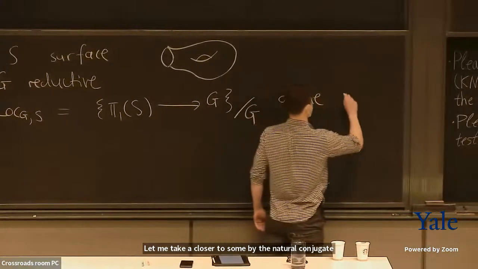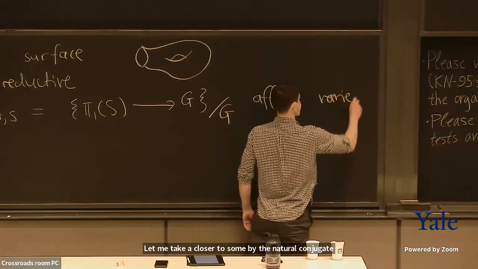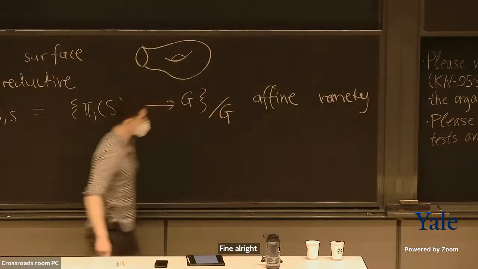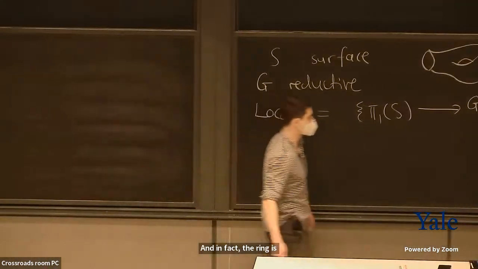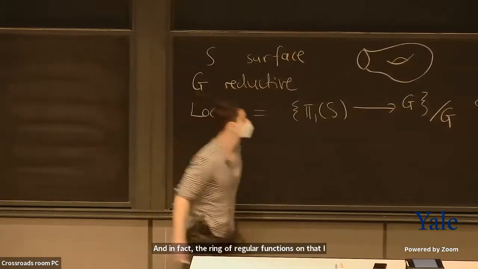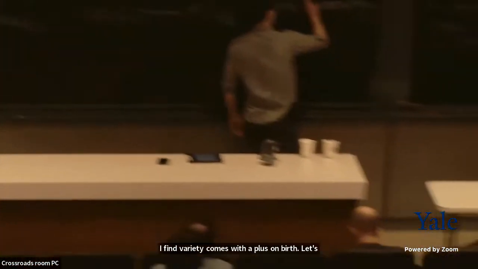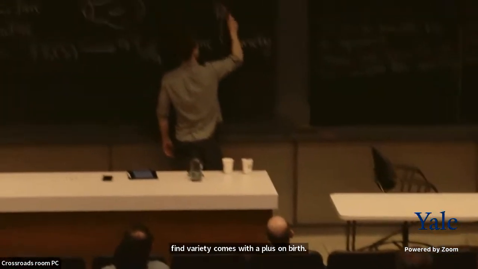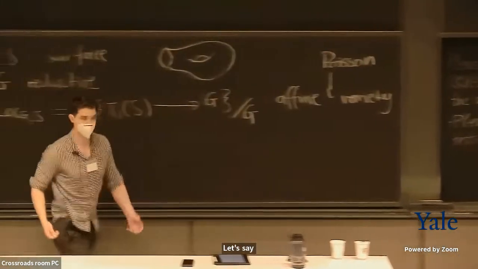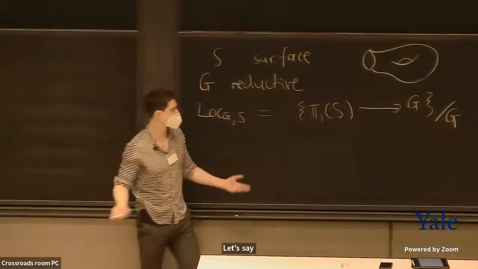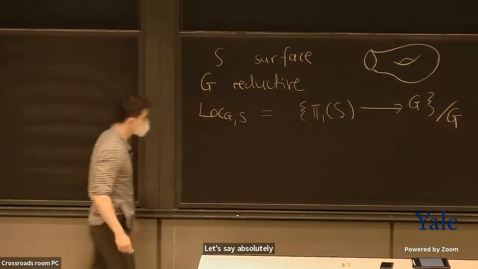Affine variety. And in fact, the ring of regular functions on that affine variety comes with a Poisson bracket. So it's a Poisson variety. The Poisson bracket is this famous Atiyah-Bott-Goldman bracket. Okay.